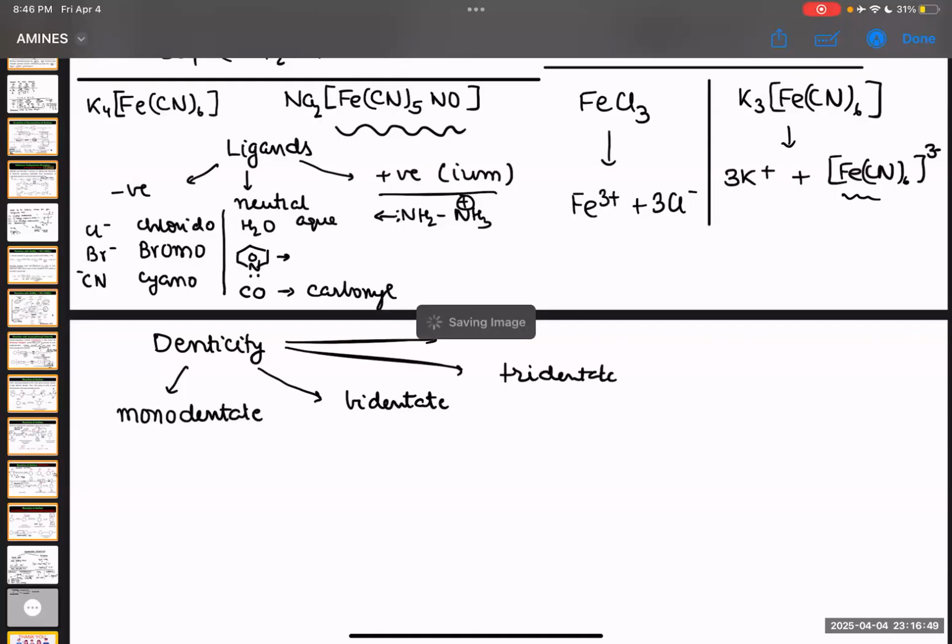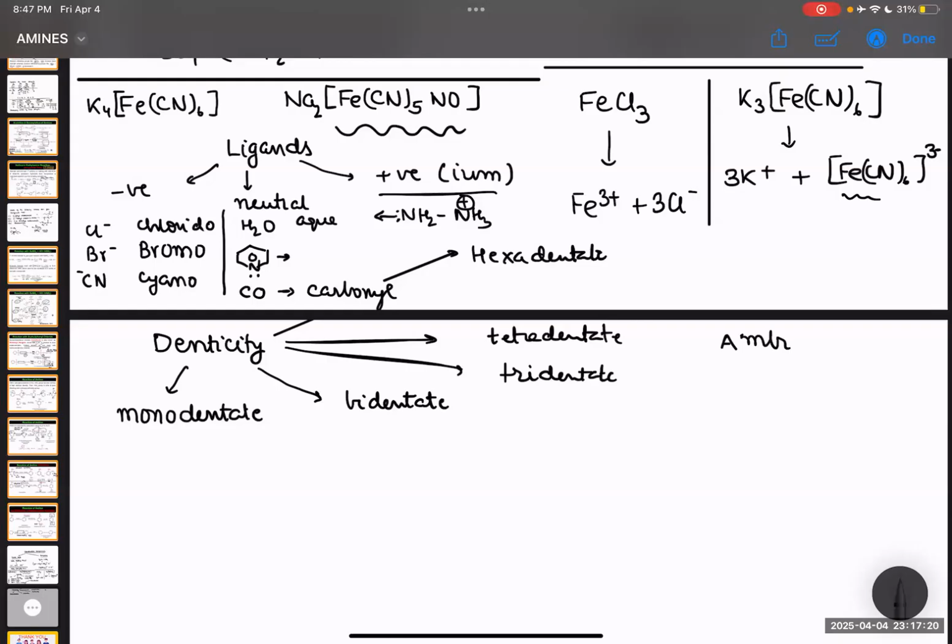Tetradentate, pentadentate, hexadentate, like this. So these polydentate ligands must have more than one lone pair. There are also monodentate ligands which can be considered to be ambidentate. Got it?